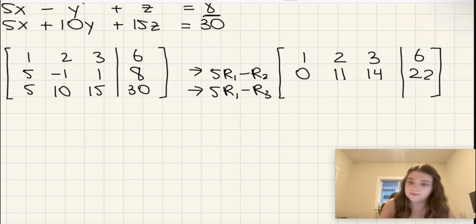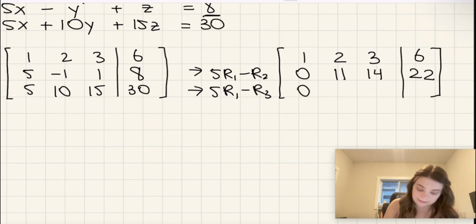So 22 goes here. All right, and then for the next row, for row 3, 5 times 1 is 5, minus 5 is 0, which again, that's what we're expecting. That's the whole point of us doing all of this. Then we have 2 times 5 is 10, minus 10 is another 0, so 0 goes here too.